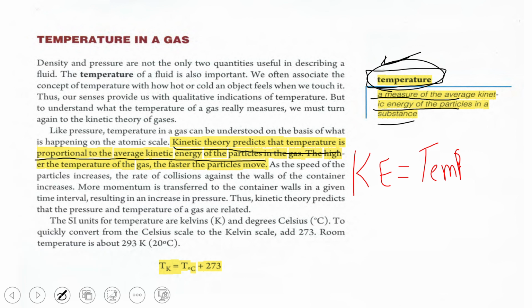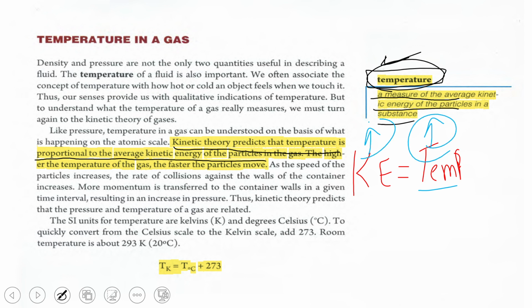There is a relation between them. If I give the particles more temperature, more thermal energy, at the end the particles are moving faster. So the relation between temperature and kinetic energy is directly proportional.